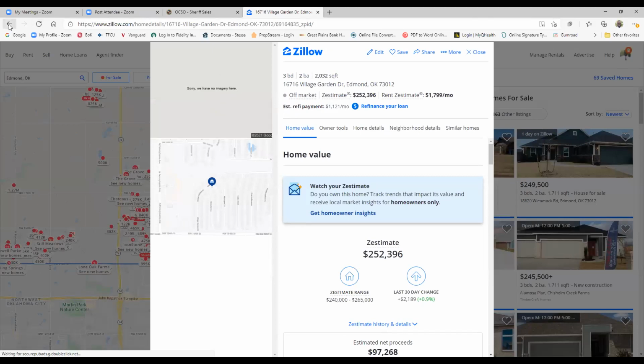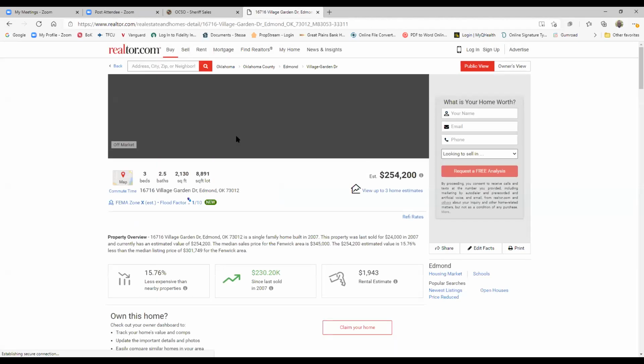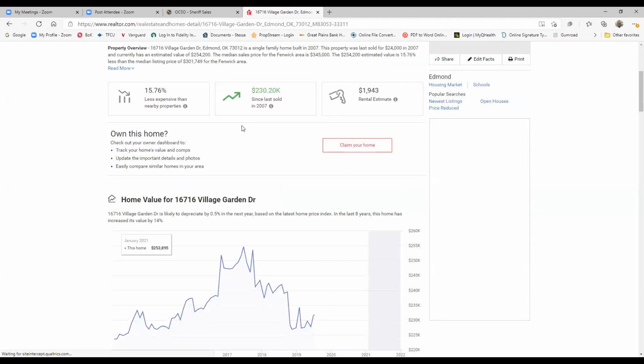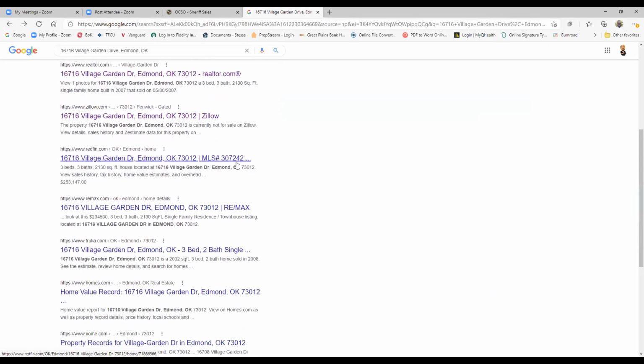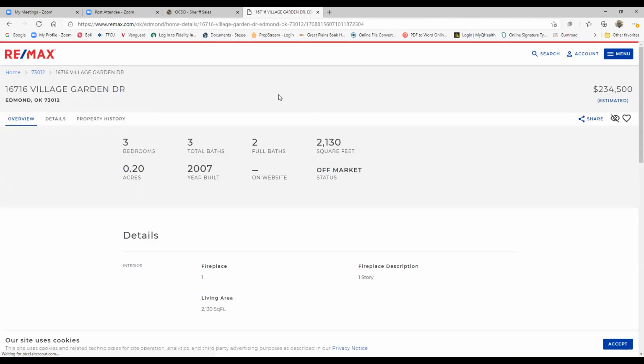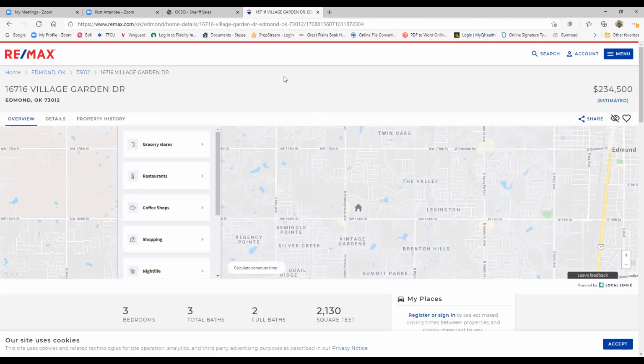All right, let's go to realtor.com, maybe it might have a picture. No picture coming up. Let's try one more site. Let's see Remax, see if they've got a picture. And nobody has a picture of this particular property, so I don't know what's going on with it.